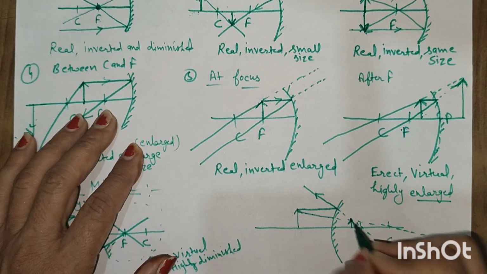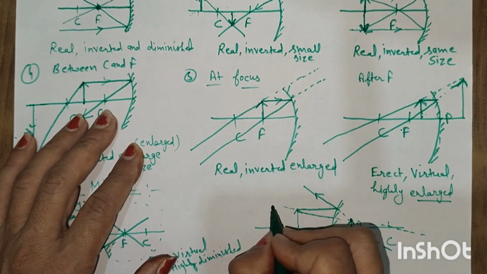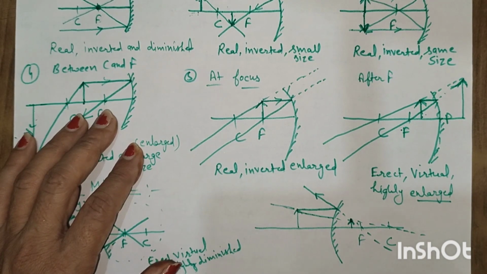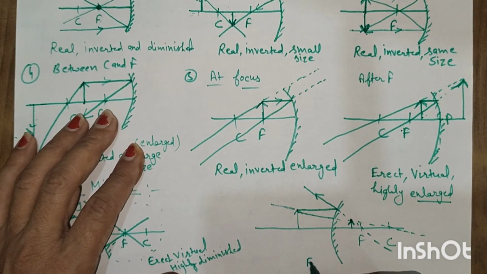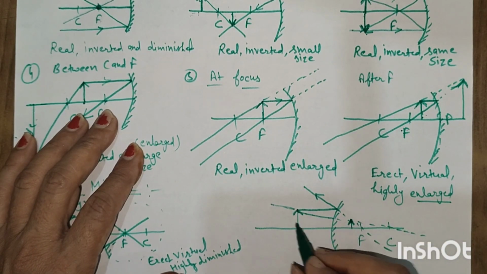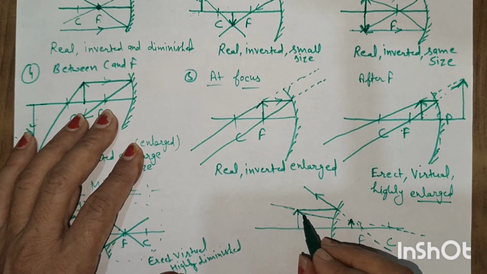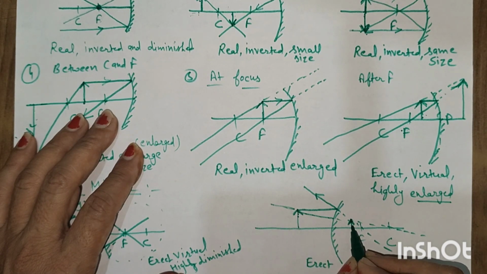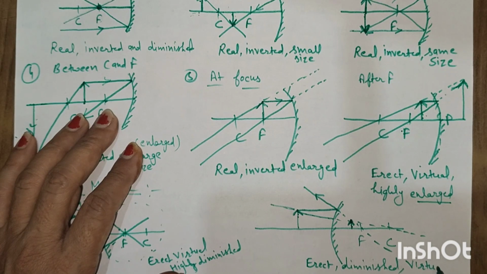Now image is erect. You can see the standing arrow just like the object, and size of the image is small. Object is large and the image is small or diminished, and it is virtual because it is behind the mirror and not obtained on the screen.